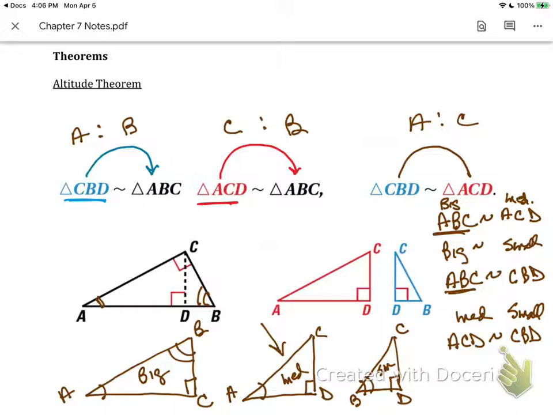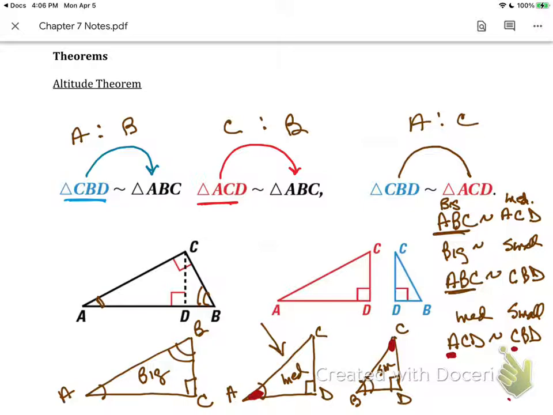So this A, let's see if I can get this to work out for me. This A will be the same size as this C here. So red is to red. And then look at the other letters. So there's red is to red. And then the C in the medium lines up with the B in the small.